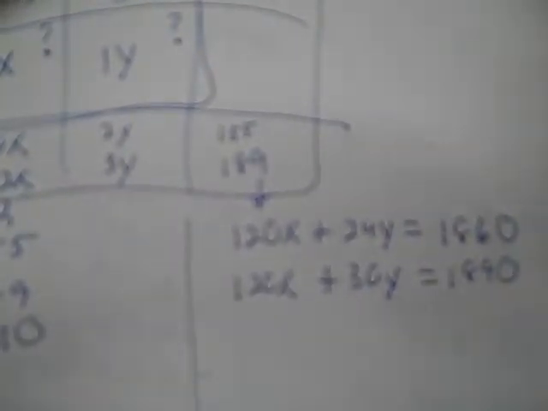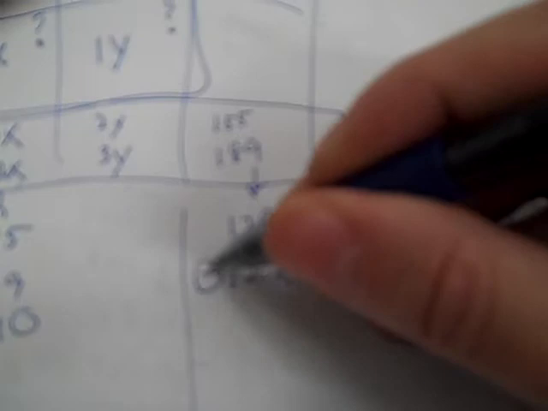155 times 12 on this thing called a calculator is 1,860. Just keep it, Phoebe. That's fine. Then 120x plus 30y equals 1890. Here's your common absolute value, but you have to have them be negative, so that's negative.